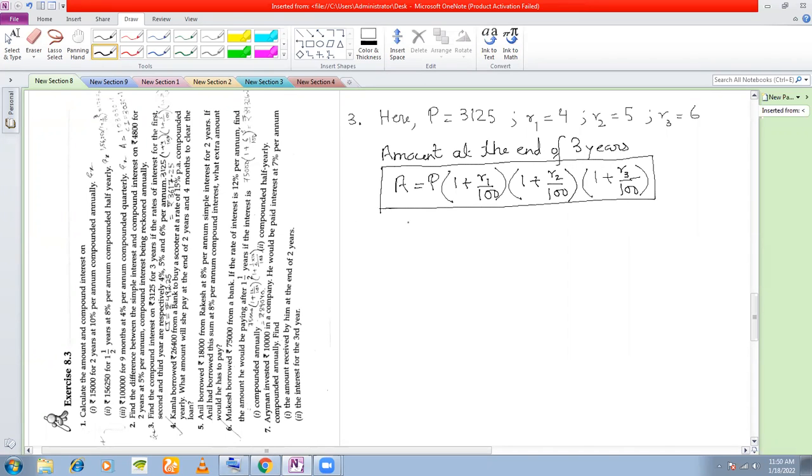Okay. Now, in order to calculate this, let's write down the values. Principal is 3,125. 1 plus rate is for the first year is 4%, so 4 by 100. For the second year, the rate is 5%, so 5 by 100. For the third year, the rate is 6%, so 1 plus 6 by 100.